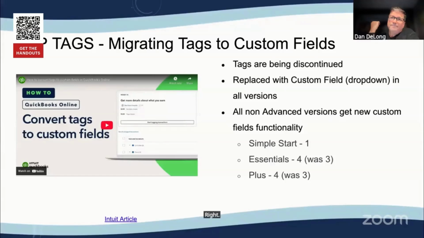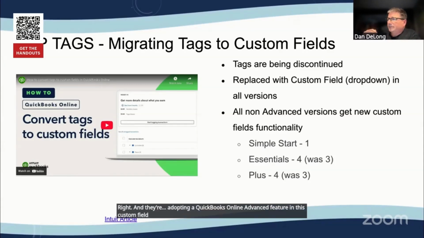And they're adopting a QuickBooks Online Advanced feature in this custom field, right? Drop downs is a custom field that you can only specify in advance, right? You can only define that custom field as a drop down in advance.